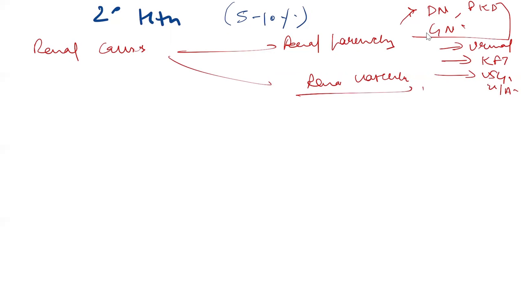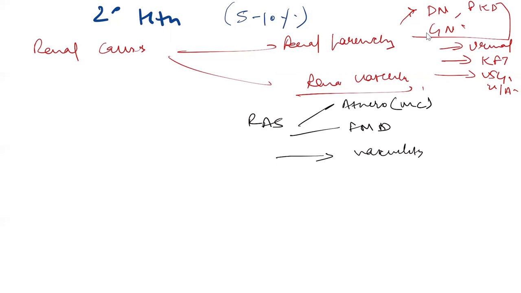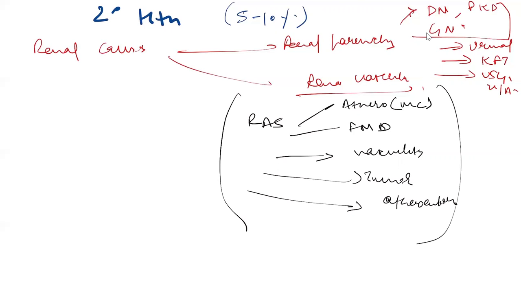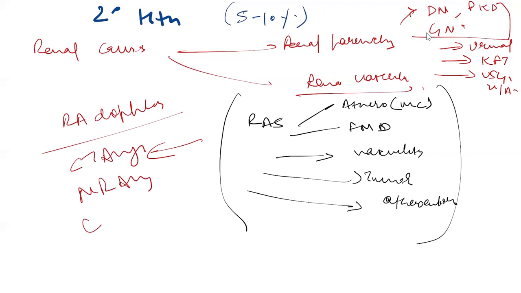Renovascular causes: we have renal artery stenosis, which can be because of atherosclerosis, the most common cause. Then fibromuscular dysplasia, vasculitis, any tumor, or lastly atheroembolism. The investigations used for this are renal artery Doppler, CT angio, MR angio, catheter angio, or plasma renin level.